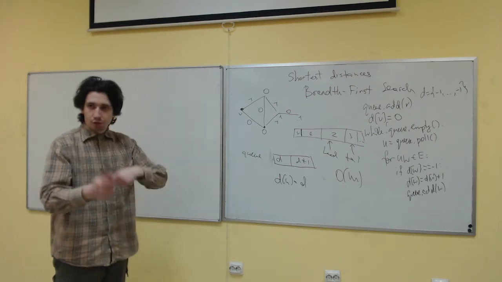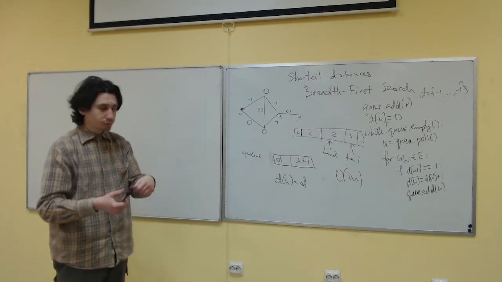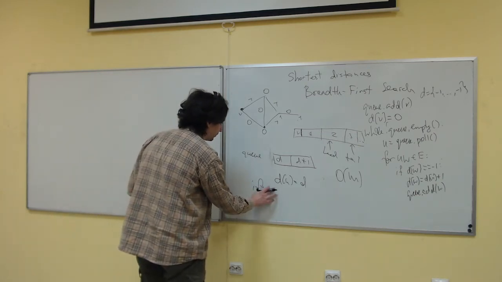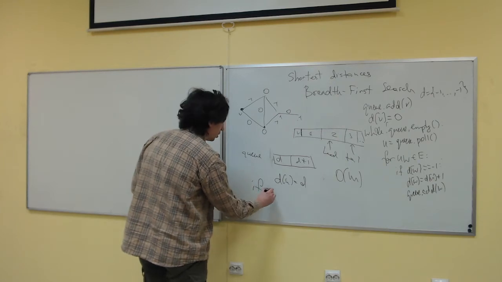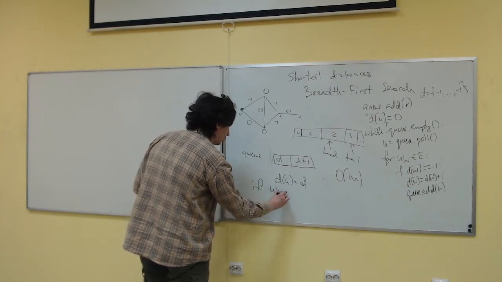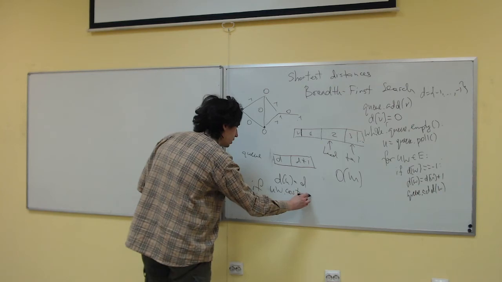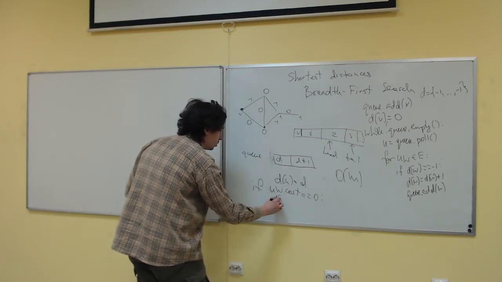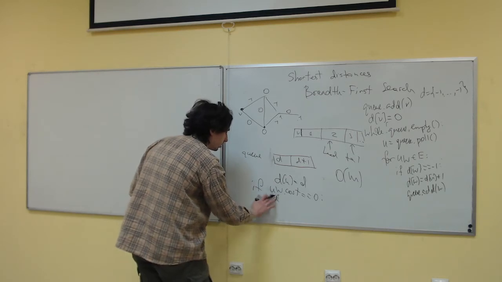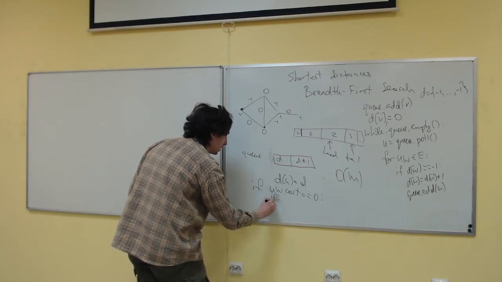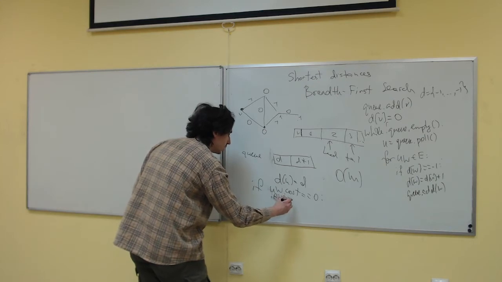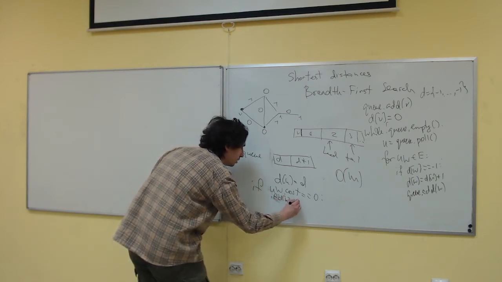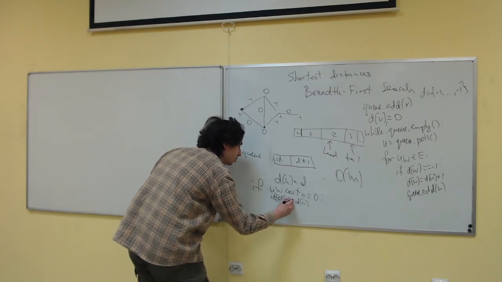You iterate over all its edges, and suppose uv.cost equals 0, then you know that du, and if dw is bigger than du, then you should do something.